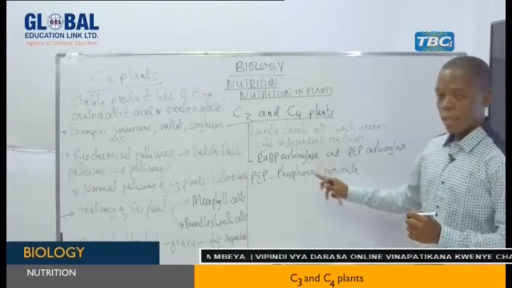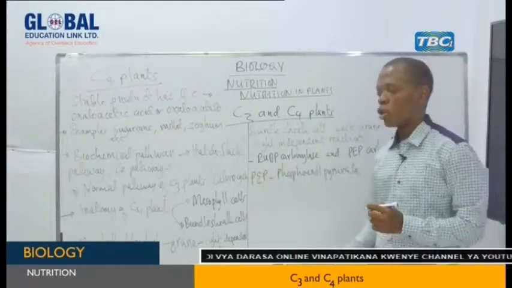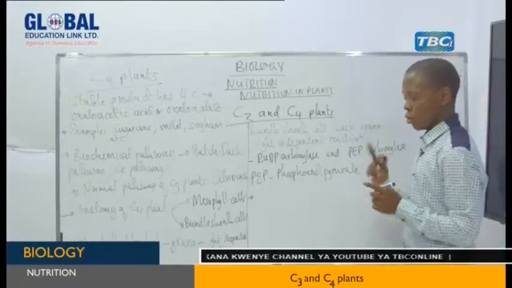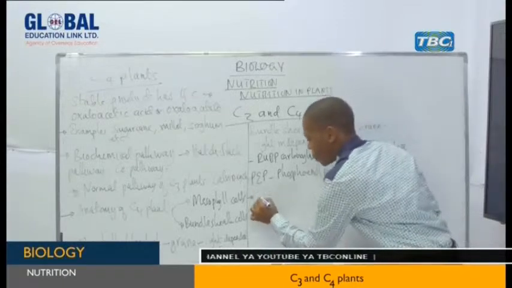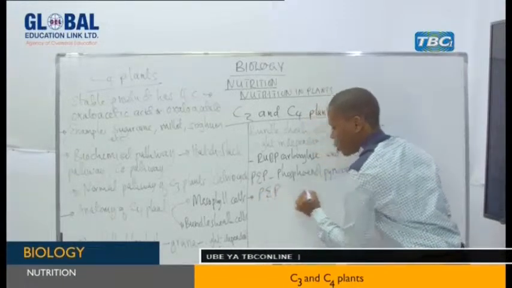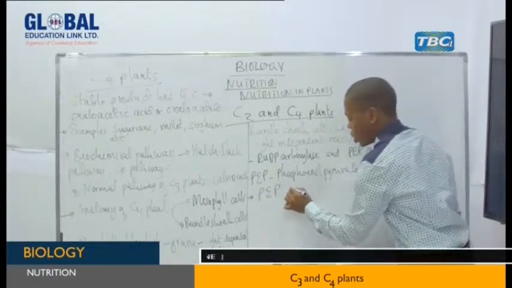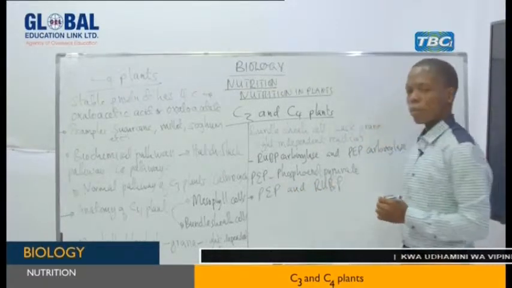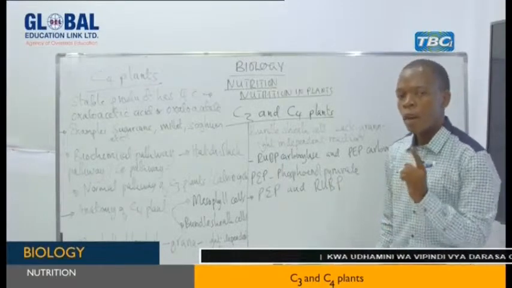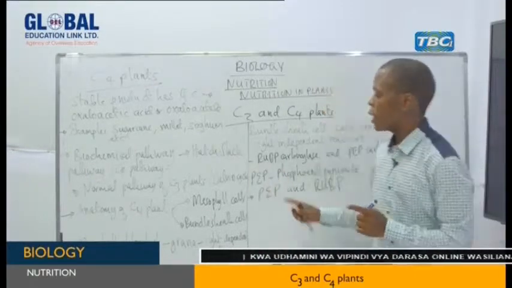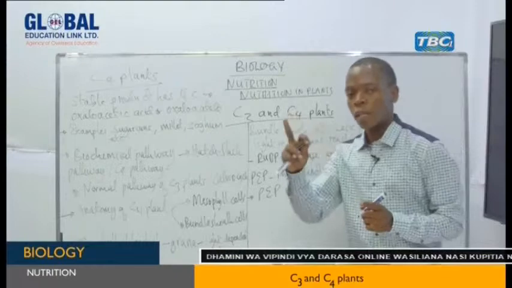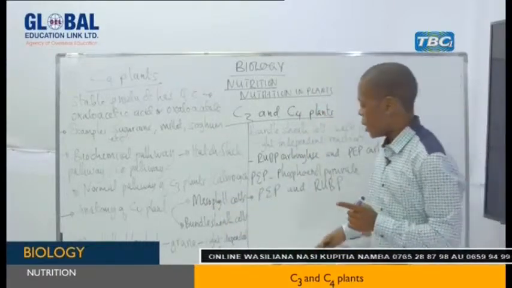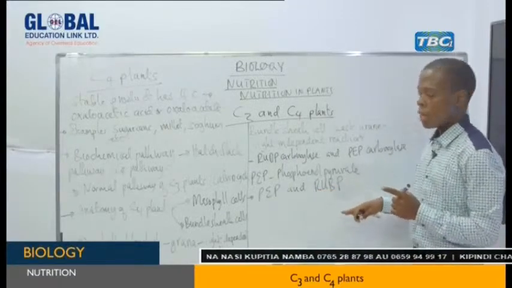These are the enzymes which catalyze the reactions of C4 plants. The carbon dioxide acceptors of C4 plants are two. We have PEP, which is our carbon dioxide acceptor, and also we have RuBP. Therefore, fixation of carbon dioxide in C4 plants occurs twice, in the mesophyll and again in the bundle sheath cells.